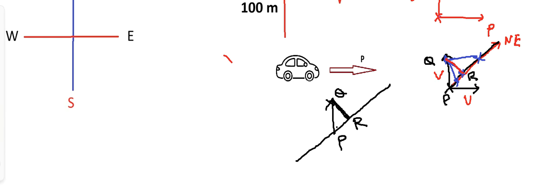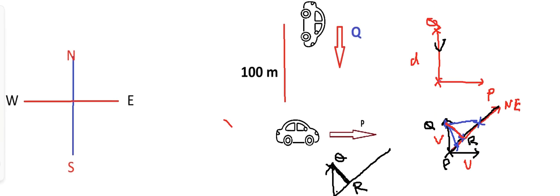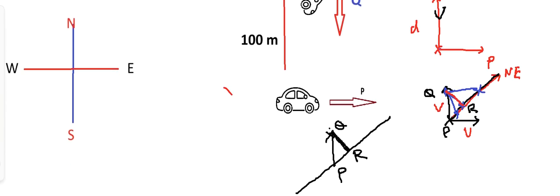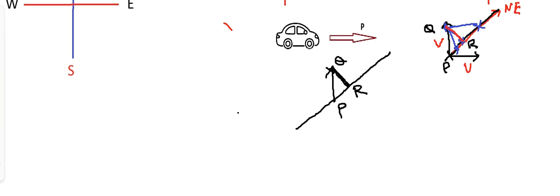What is the value of this angle? The angle that this relative velocity makes with the PQ direction. Already we know that when two equal vectors are taken, automatically the angle made is 45 degrees. Here I am considering two equal velocities. Let us say this is one velocity, this is another velocity. The angle between them is definitely 45 degrees.